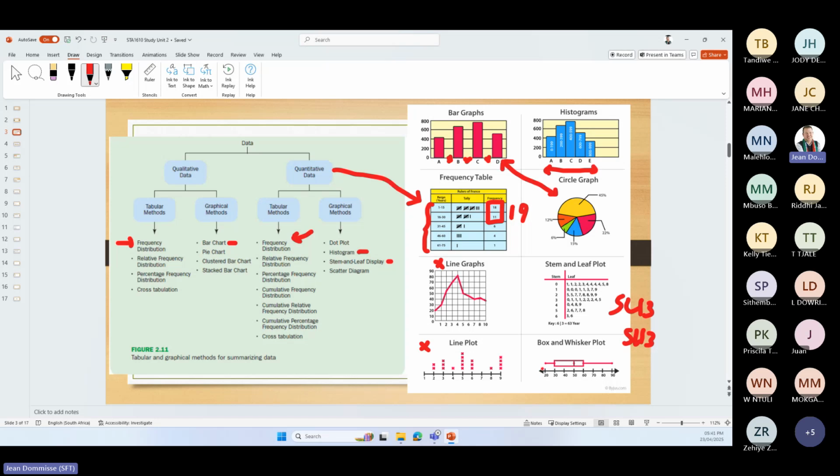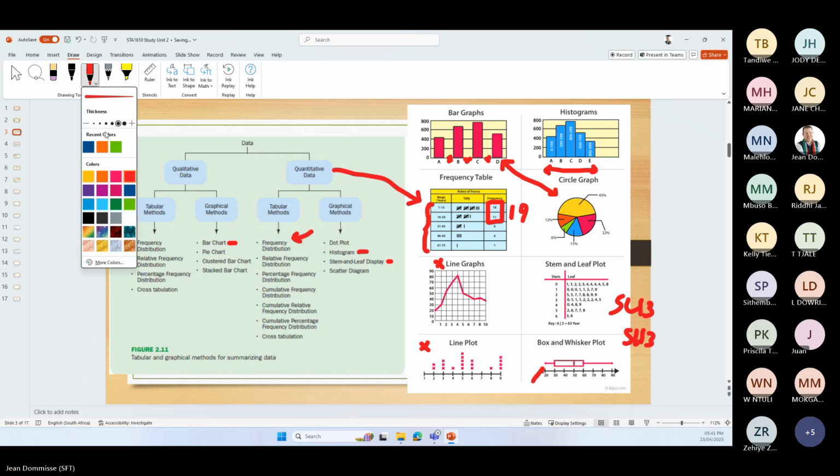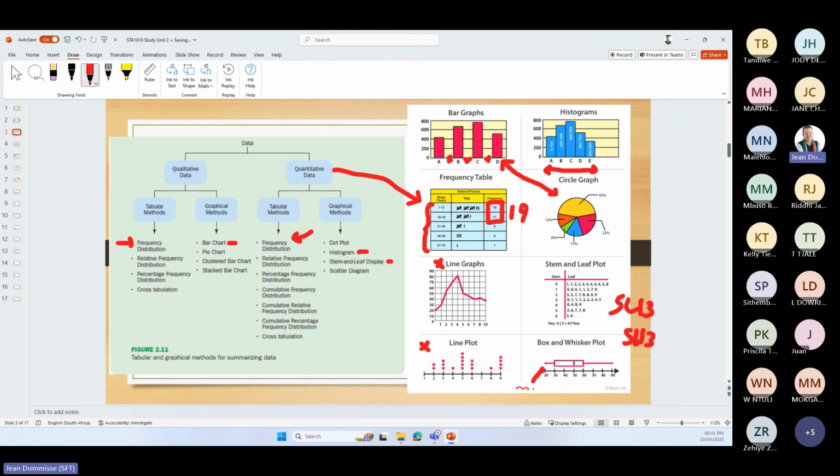So the smallest point is your minimum. Let's just get a bit finer. So your lowest point is your minimum. So that we will do in study unit 3. Your highest point is your maximum.